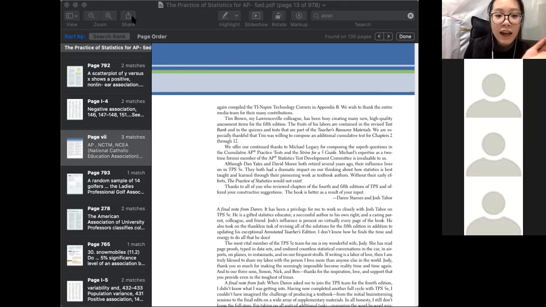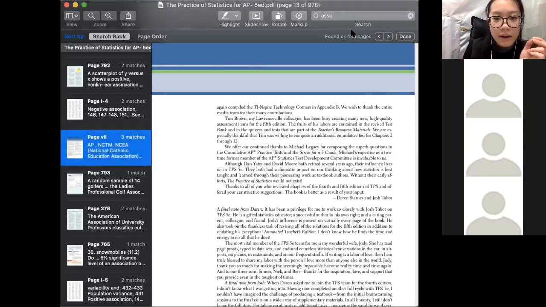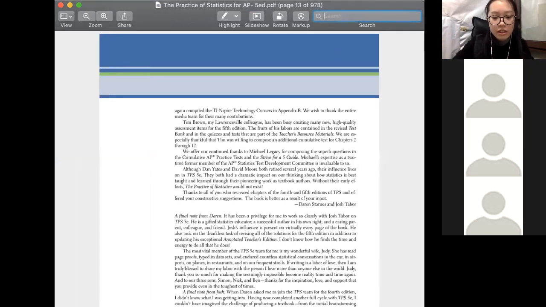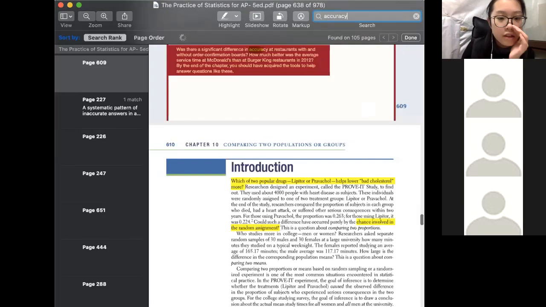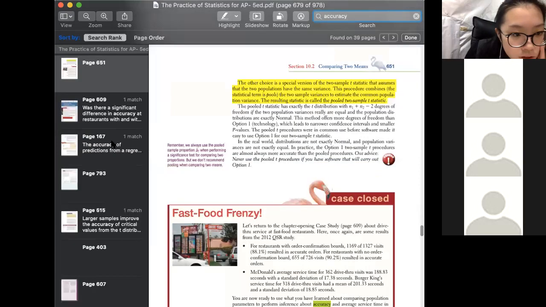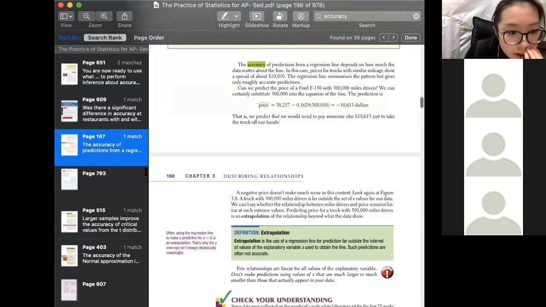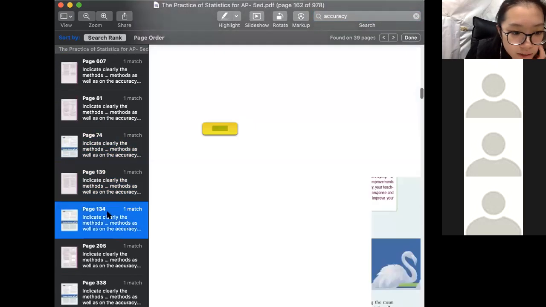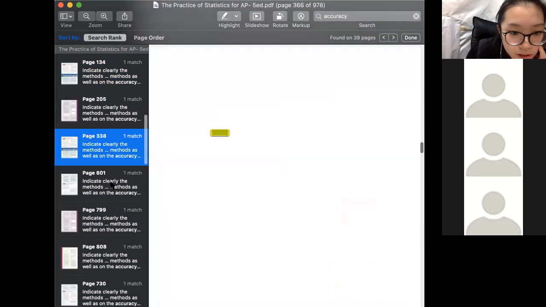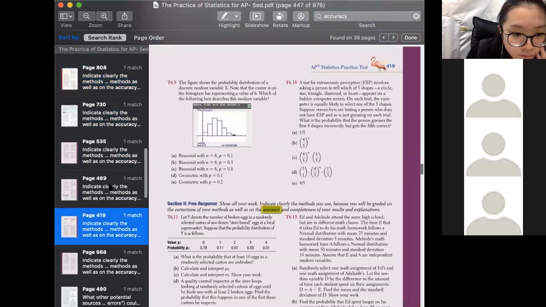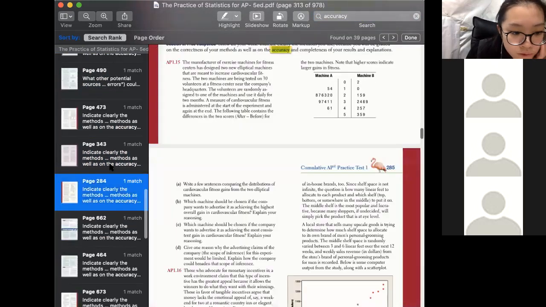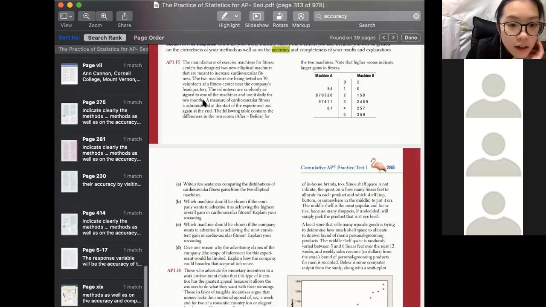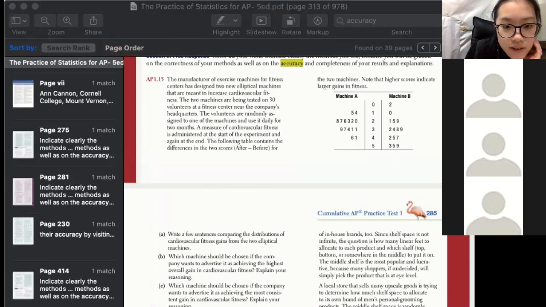Something I haven't talked about when I talked about statistics, and should, is accuracy and precision. I can Google it to show the graph about accuracy and precision. I can't find it.